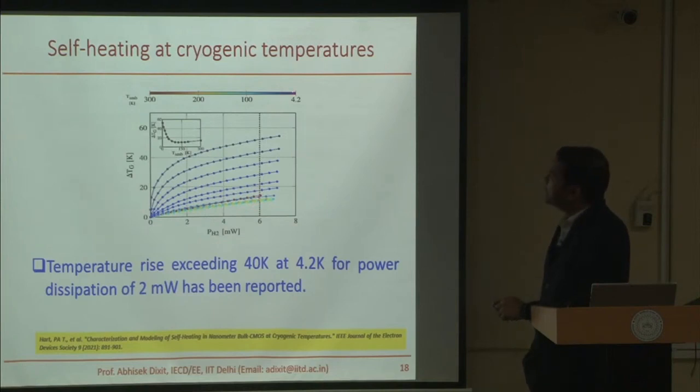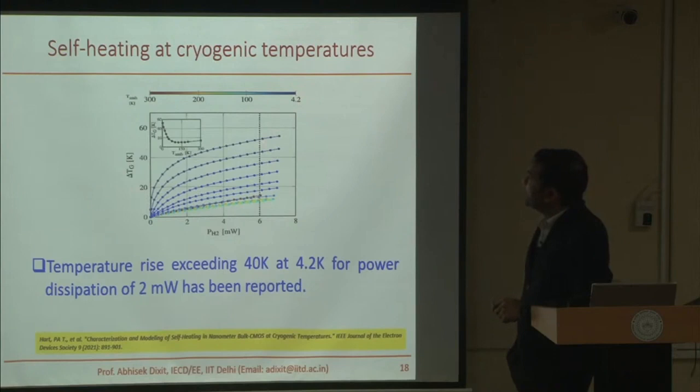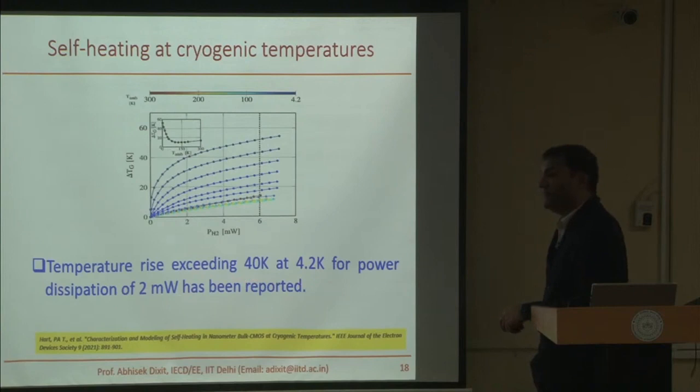As the temperature goes lower and lower, your rise in temperature is becoming much higher. So at 300K, close to room temperature, the rise is just 10 Kelvin from the ambient temperature. At 4.2K, at 6 milliwatts of power, it's already 50 Kelvin.